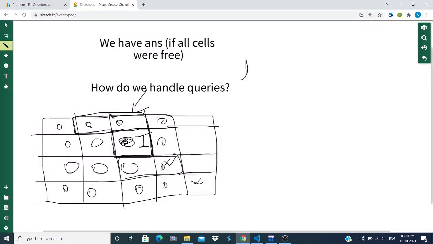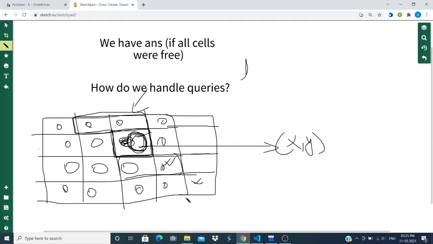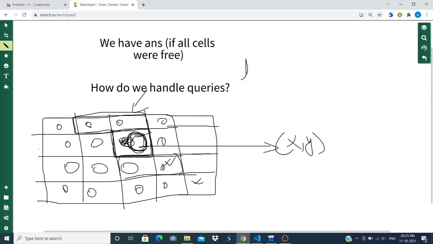So horizontal of x minus 1, let's say I am basically standing at this cell, let's say this is my x comma y, and initially it was 0, and I am changing it to 1. Then I'm checking that if x is greater than 0. Since yes, x is greater than 0, I am subtracting total minus equal to horizontal of x minus 1 and y, right?